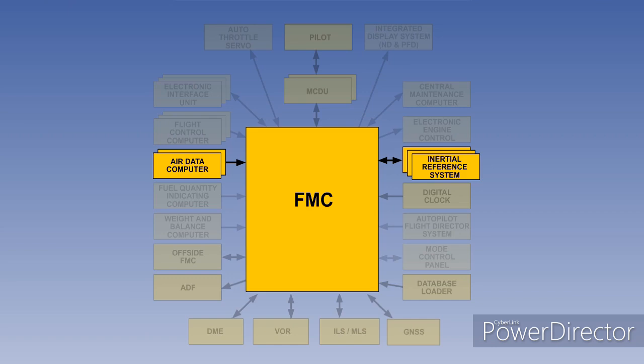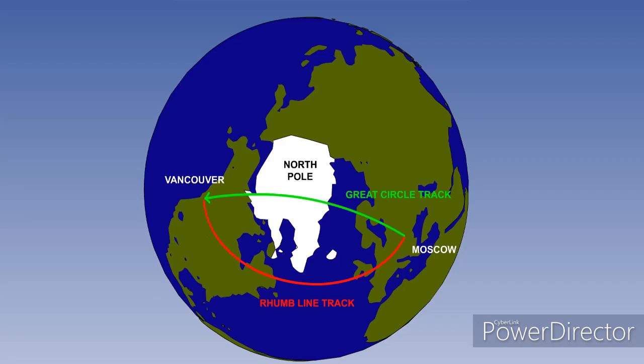In order to calculate progress, the 4D RNAV computer receives true airspeed from the air data computer and a heading input which enables the calculation of actual wind velocity. The computer is able to perform great circle navigation when receiving VOR DME stations.